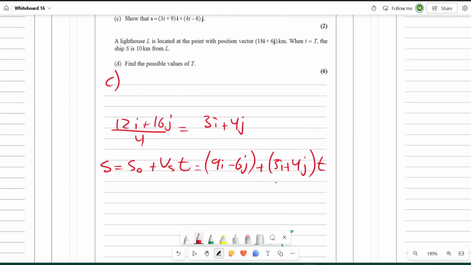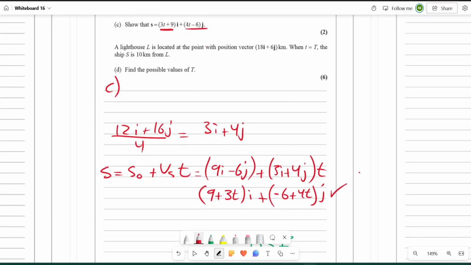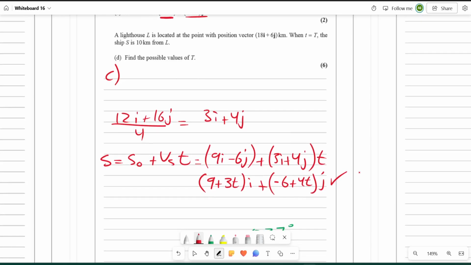So I'm going to group all the i's together: 9 plus 3t in the i, or basically 3t plus 9, same thing, and minus 6 plus 4t in the j, or basically 4t minus 6j, that's the same thing. So you can rewrite it or leave it like this, up to you, no issues.